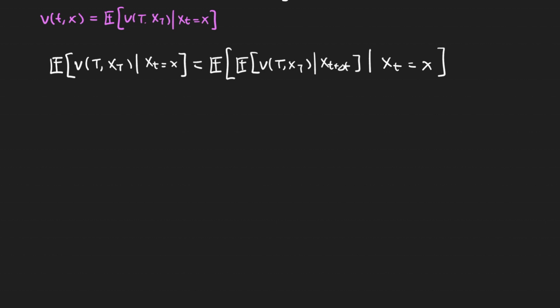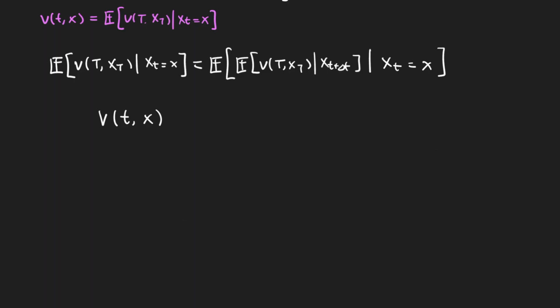Okay, so basically we start with the iterative expectation. Now we can just replace the expectation with the function v that we defined. So on the left-hand side, what we'll have is just v of t and x.